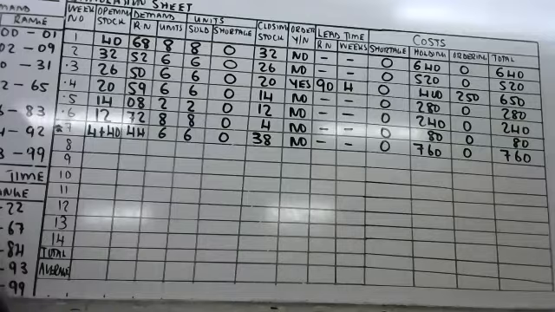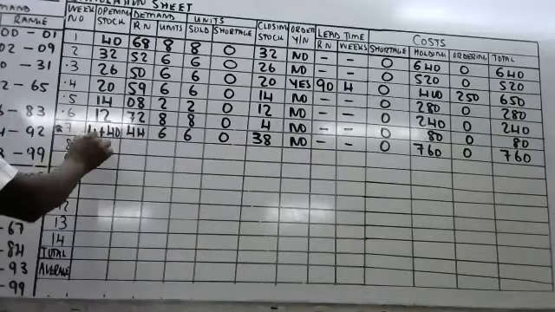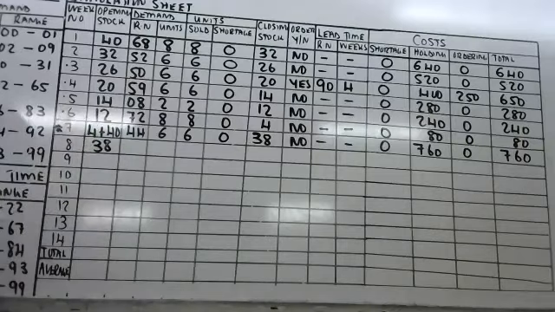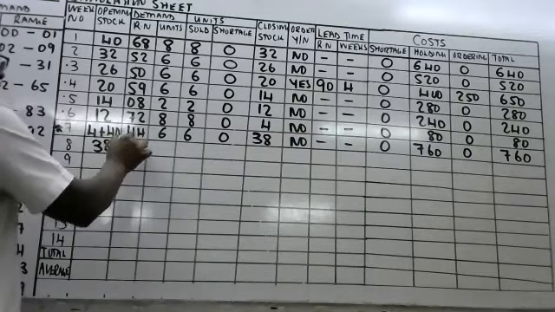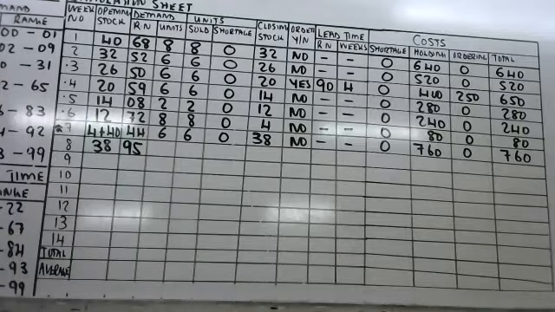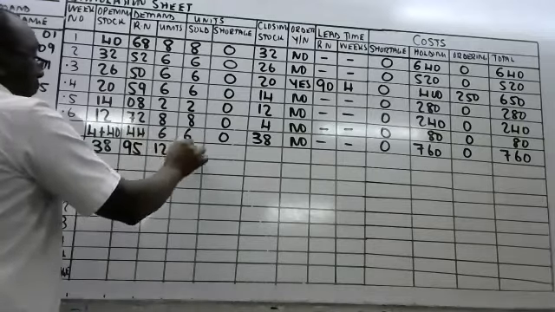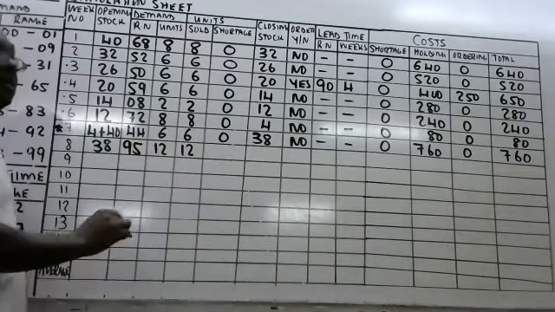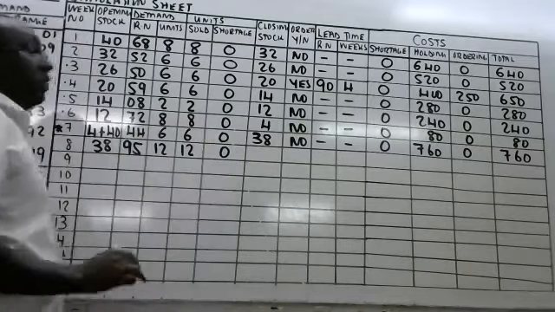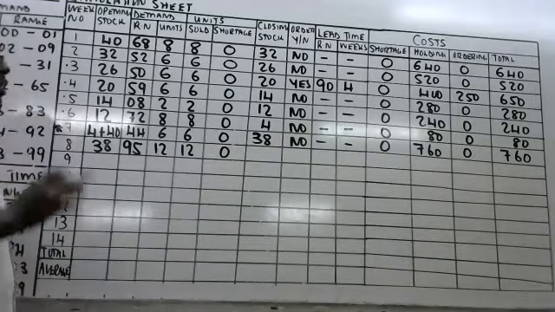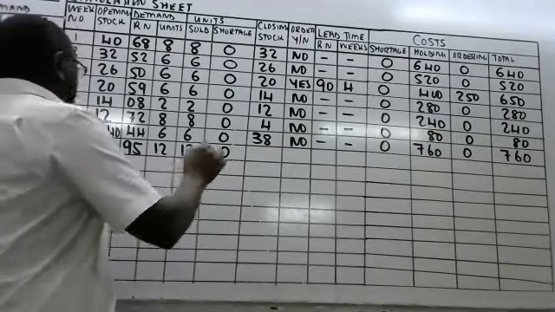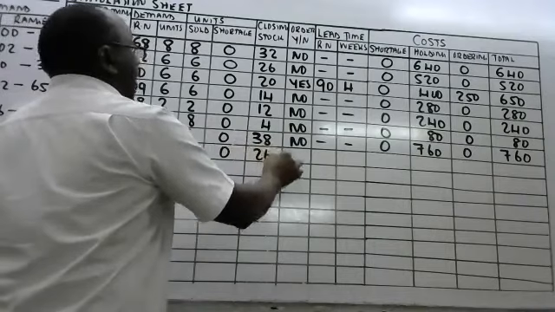Week 8, the closing of week 7 becomes the opening of week 8, which is 38. Random number: 95. So 95 will qualify how many units? 12. So how many do we sell? 12. Shortage is 0. The closing is what? 26. Do we place an order?